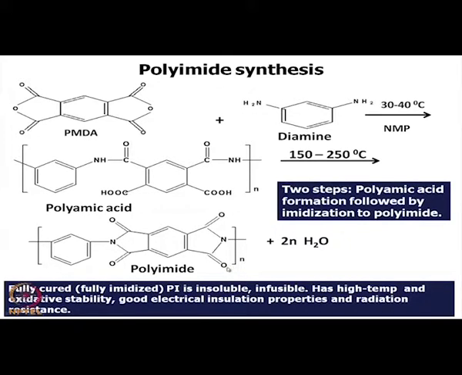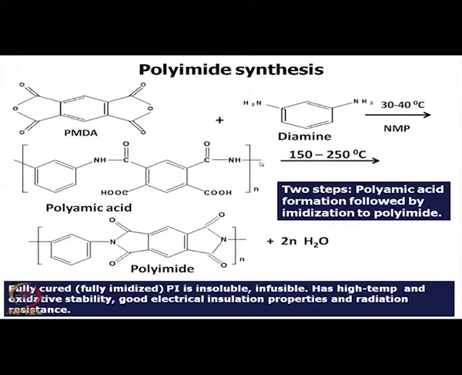Rather, to melt these polymers, if the temperature is increased, they undergo degradation or pyrolysis. So, the intermediate will be pyrolyzed instead of melting. So, such a type of polymer synthesis cannot be done through melt polycondensation, rather they should be prepared through a precursor stage, that is the polyamic acid stage.